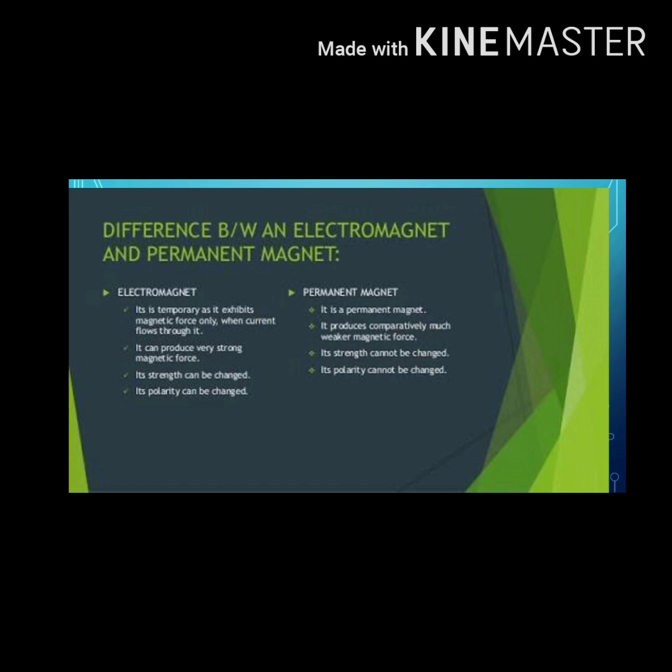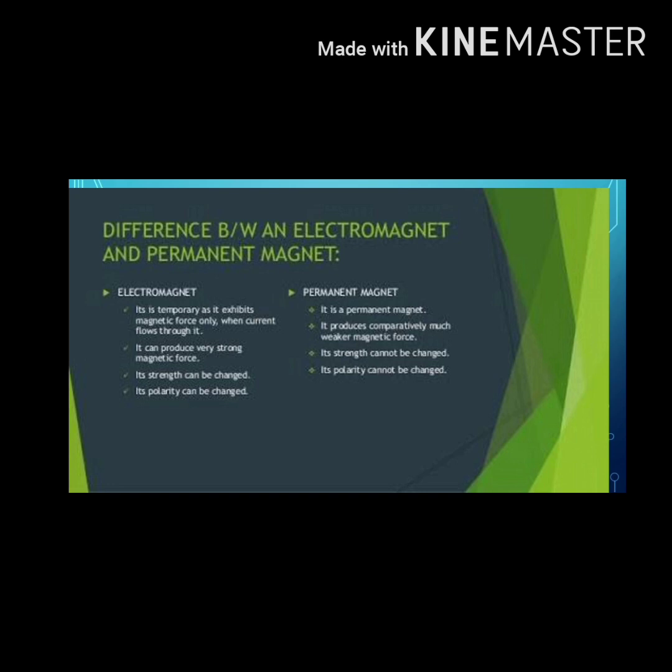An electromagnet is a temporary magnet as it exhibits magnetic force only when electric current flows through it. But a permanent magnet is permanent. That means its strength will be there every time. Then, an electromagnet can produce a very strong magnetic force, but a permanent magnet produces comparatively much weaker magnetic force.